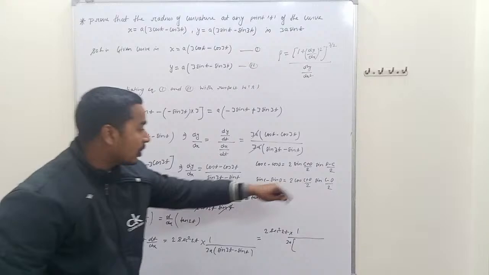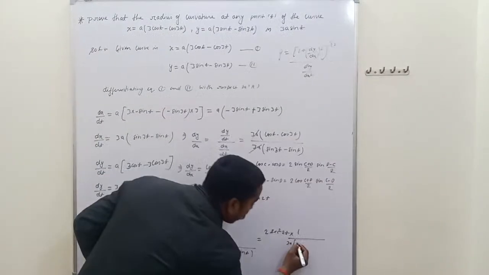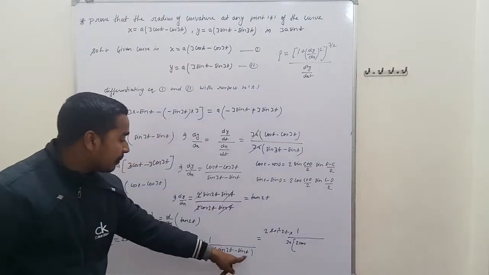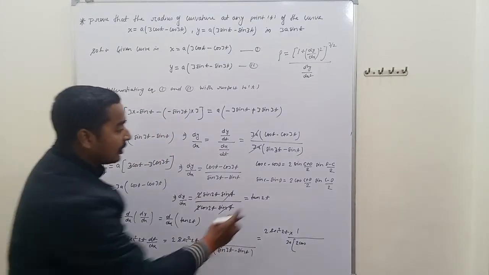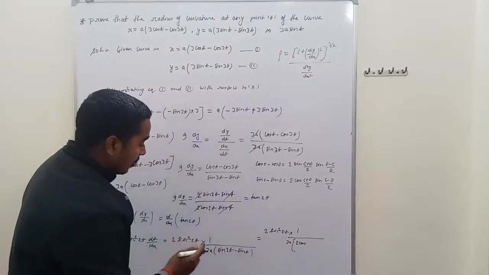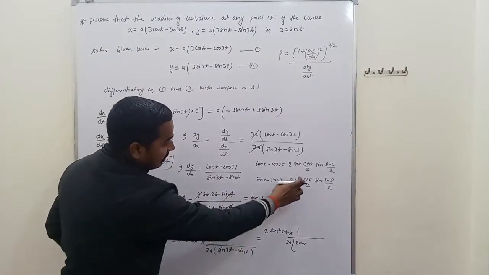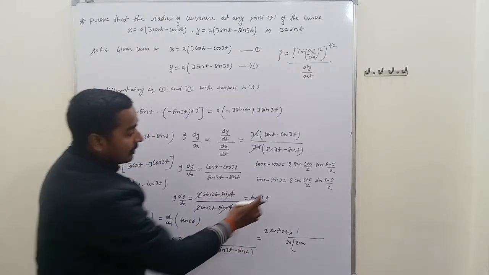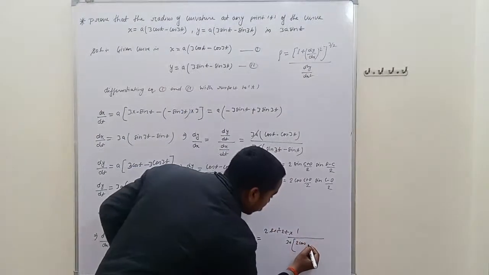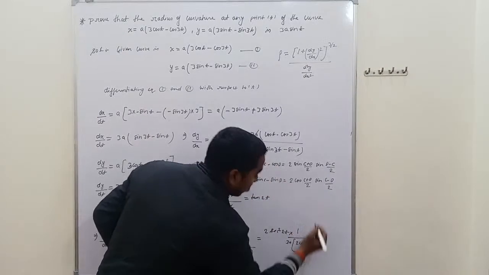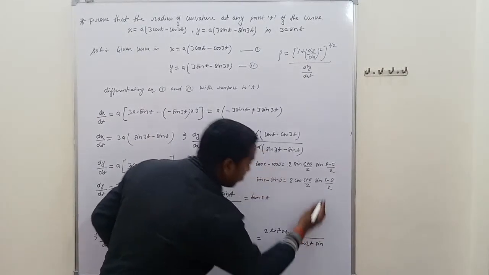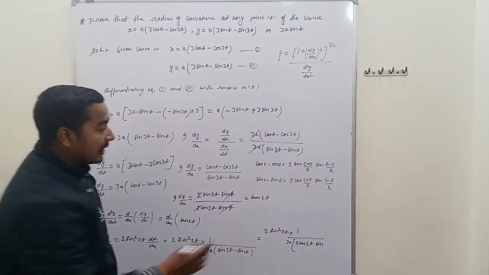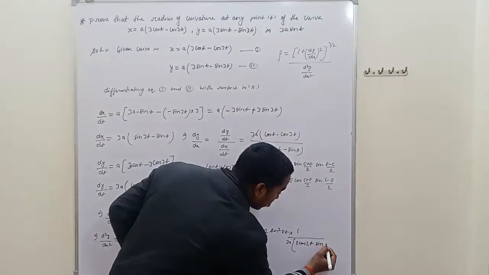This is given by 2 cos (c plus d)/2. This is 3t plus t is 4t and 4t upon 2 is 2t. This is 2 cos 2t, and sin (c minus d)/2, 3t minus t is 2t and divided by 2, this is given by sin t.